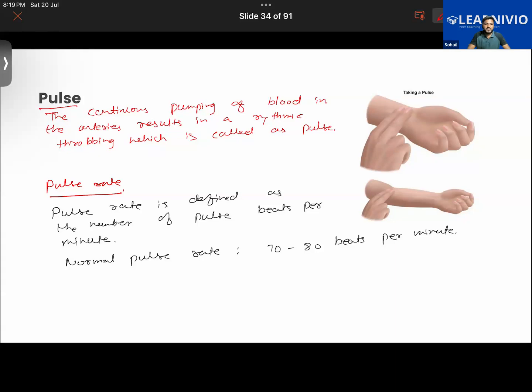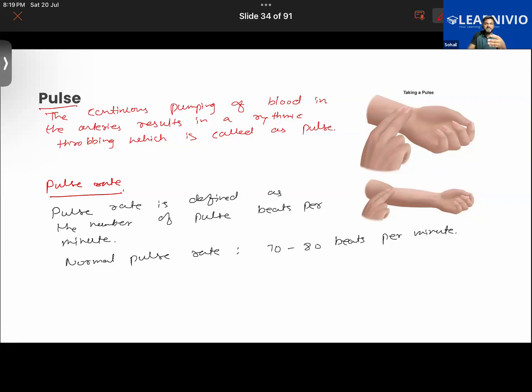After this, we'll be learning about how it is related to heart rate and what the similarities between the two are. Also, you can understand pulse rate in this manner. By placing your finger here also, sometimes we can observe the pulse rate. Pulse rate is basically the number of times the heartbeat is felt at various points in our body in 1 minute. Thereby the pulse rate reflects the health of the heart.